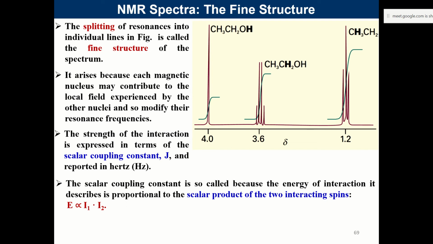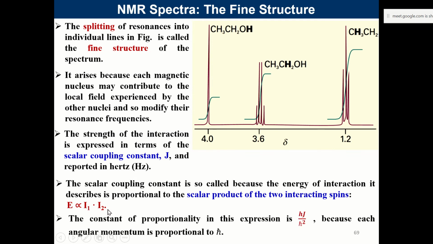Here I1 and I2 refer to the two nuclear spin angular momenta, and the interaction energy is proportional to the scalar product of the spins.